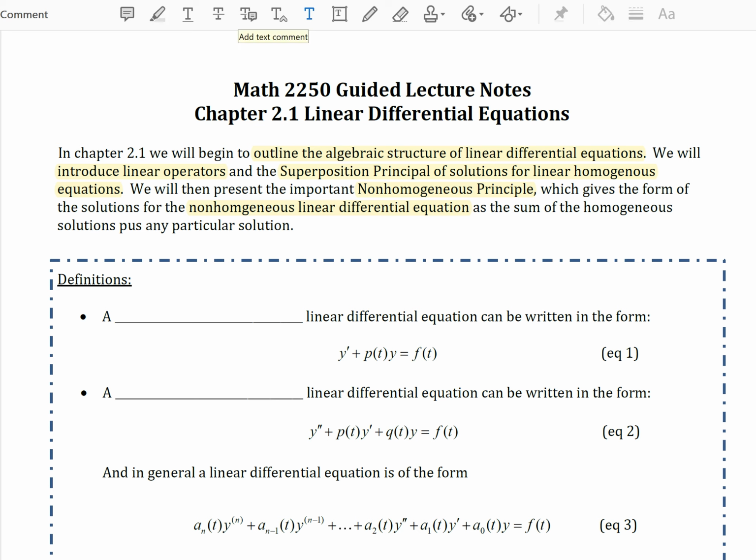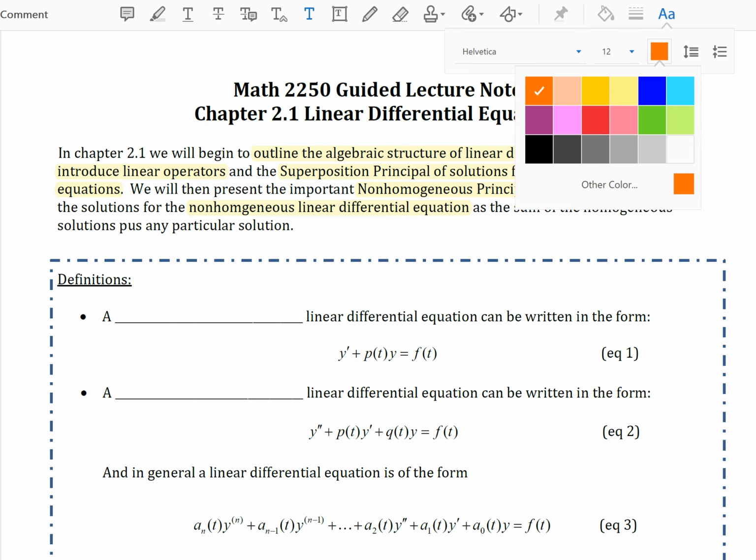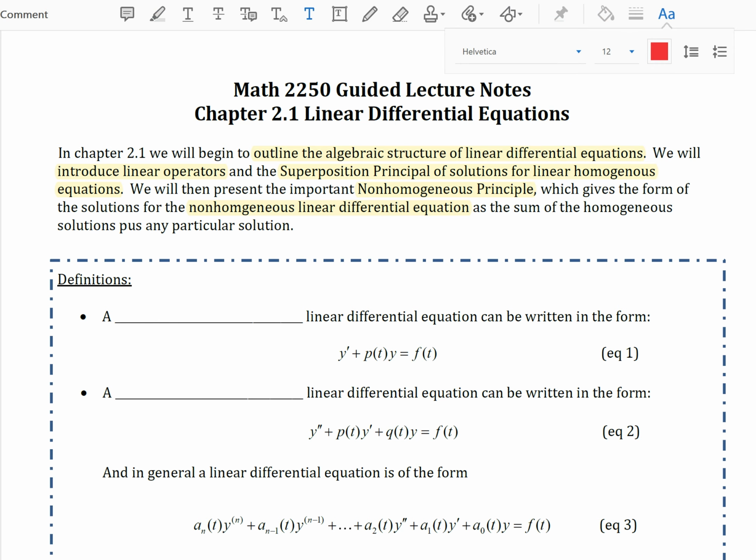Let's start off our lecture today with some definitions. First one, a first-order linear differential equation can be written in the form y prime plus p of t y equals f of t.